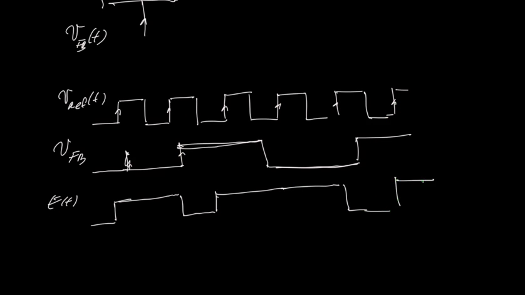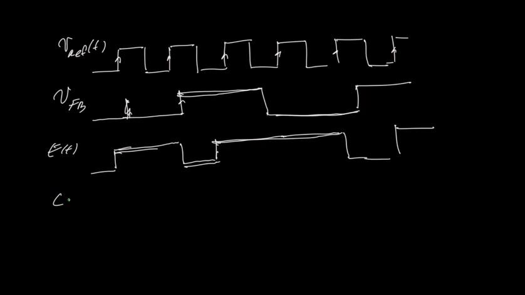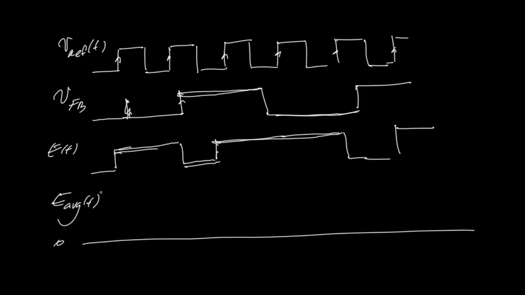Okay? So it's obvious that this is a signal that spends a lot of its time what? High. So if we average it by running it through a low pass filter, assuming that this is a 0 and this is 10 volts, it's going to be a fairly high voltage, 9 point something.